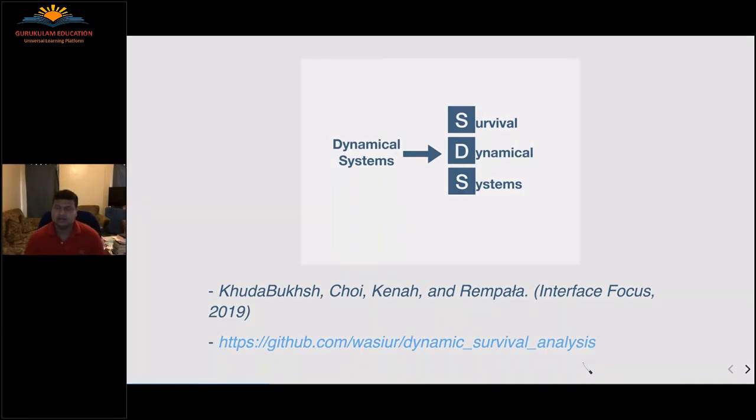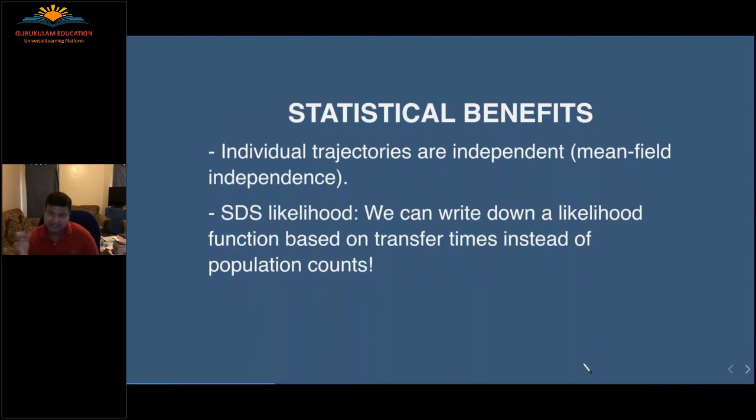All right, so we briefly described how you can extract probabilistic quantities from dynamical systems. Now we'll talk about the statistical benefits. What's the big deal about it? It's good to know, but what do we do with it? Well, the benefit is that the individual trajectories are kind of independent in the limit.